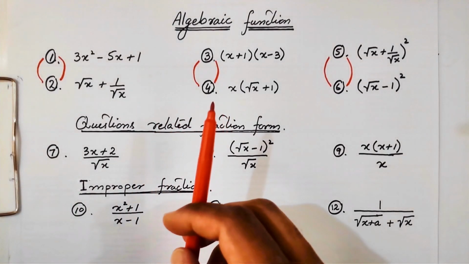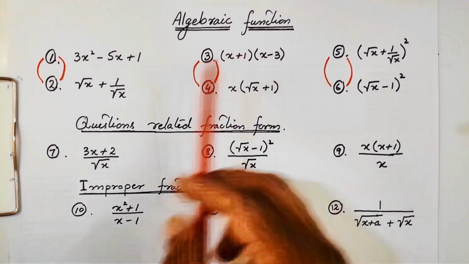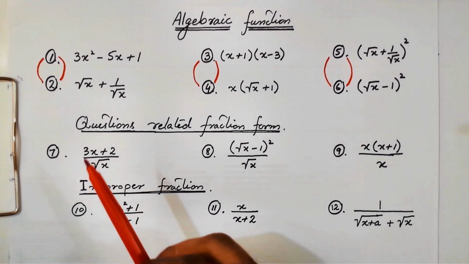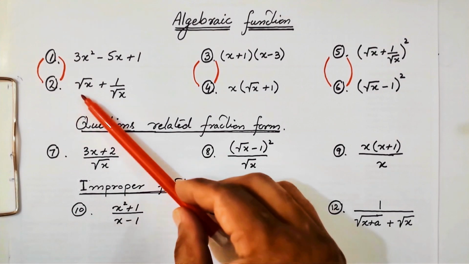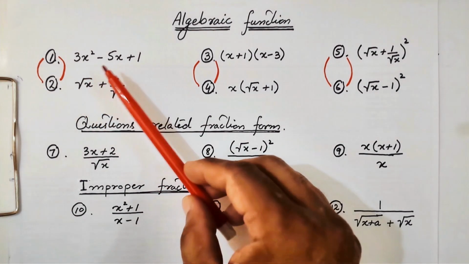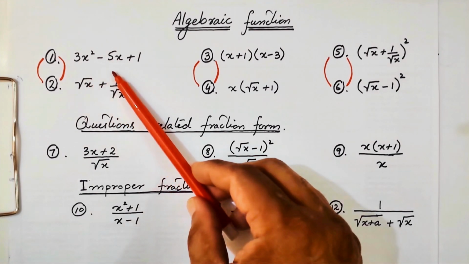In the first type of integration for algebraic functions, we will try these questions as examples. Questions 1 and 2 both have the same procedure and are simple expressions. So we will check how to find the integration of these two questions.